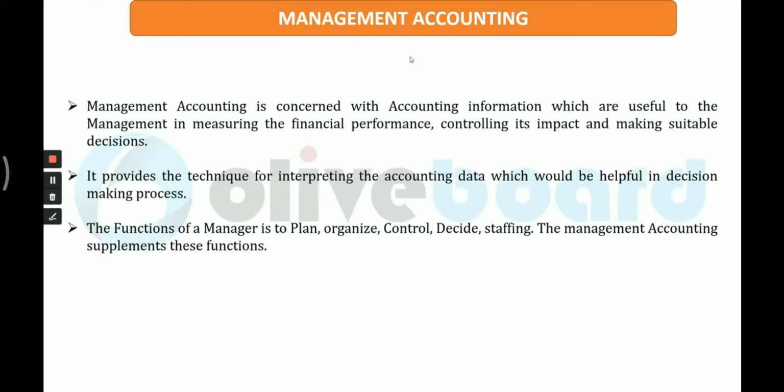So cost accounting will talk only about the cost part, whereas management accounting takes details from everywhere, not only cost. It takes details from revenue, from financial sectors, everywhere, and then it facilitates the management to take a decision. All right. So this is all about management accounting.